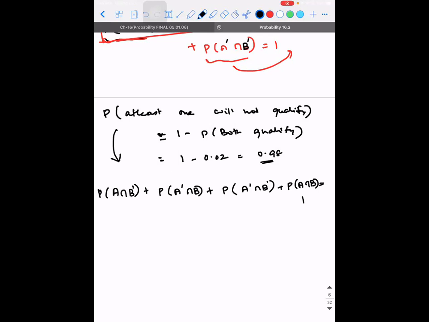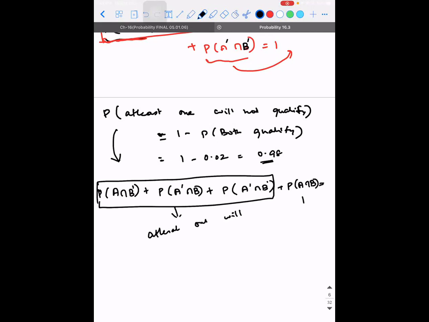So this whole thing is about at least one will not qualify. That is why I took the probability of A intersection B to the other side, and the box will give you the answer for it. That is 1 minus probability of A intersection B. I hope it is clear.